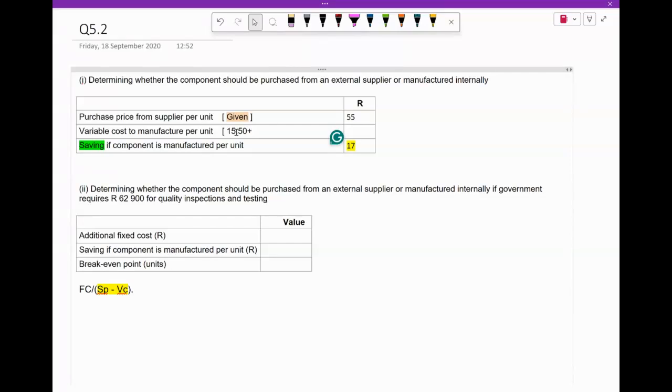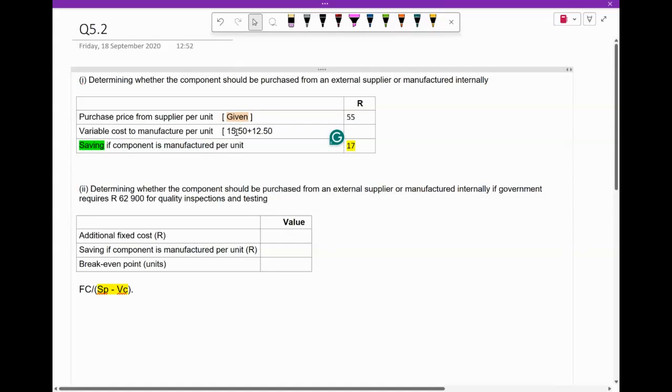Where did we get it from the table? Direct materials. Yes, we do need. No, we won't include the... Actually, yes, we will. I thought you were saying the fixed overhead. Sorry.